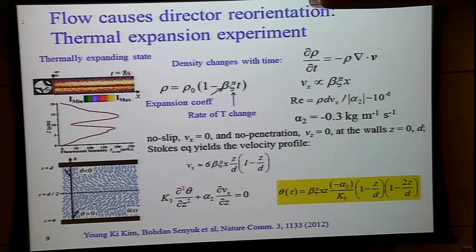And to find out the tilt angle, you just consider the restoring torque of elasticity, K3, and the second gradient of the angle with respect to the vertical coordinate, and the aligning force of the velocity gradient. And if you plug this in, you find the equation for theta that looks like that. So this is the profile of the director that is caused by the thermal expansion.